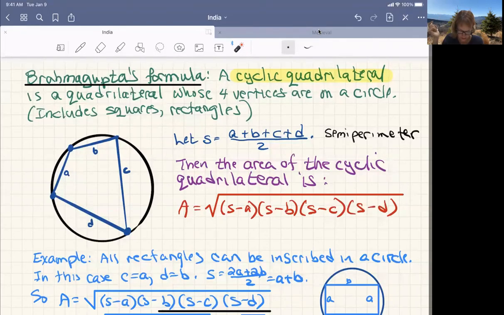Now, let me just make a quick note. Any square can be inscribed in a circle, and any rectangle can be inscribed in a circle. So in both the case of a square or a rectangle, let me just draw a quick example. So let's say you have a rectangle.